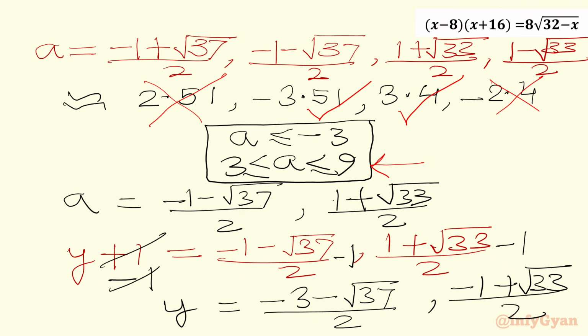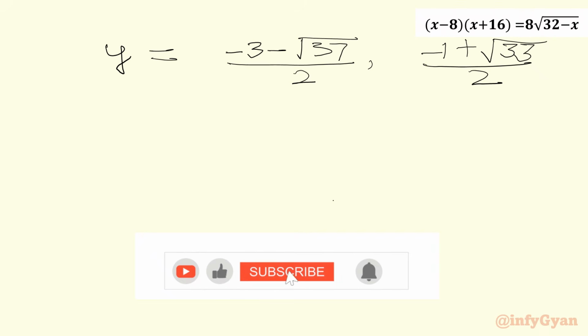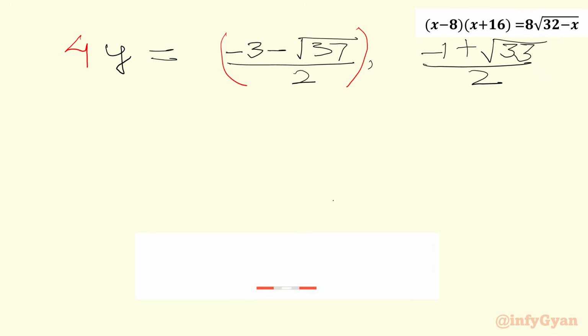Still, we have y over here. We haven't got x. So what will we do here? Our substitution was x equal to 4y. So we will multiply both sides by 4. Let me write y first. Let's multiply by 4 both sides. So we will write here times 4, and here times 4.